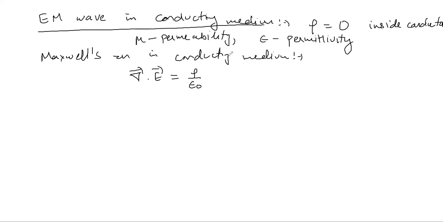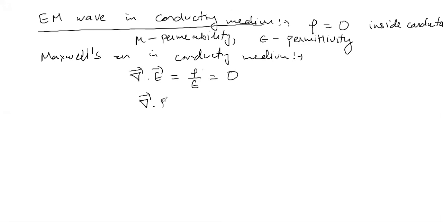But we said that there are no charges present in the conductor, so this becomes equal to 0. Sorry, it should not be epsilon naught. This will be epsilon here, because now we are talking about a finite medium which has a different permeability and permittivity as compared to free space.